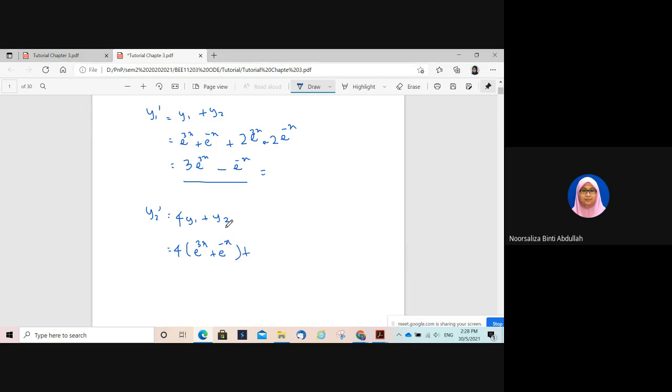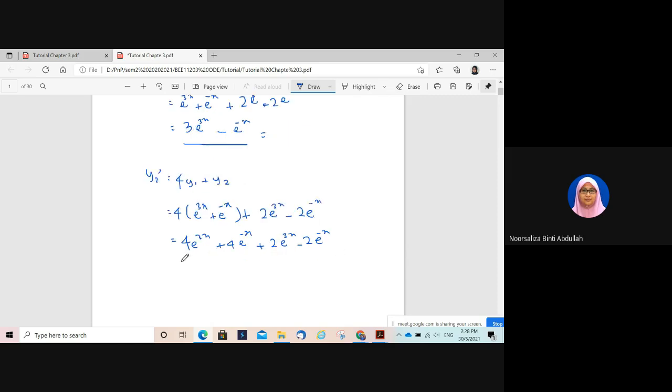Plus y2 is 2 exponent 3x minus 2 exponent minus x. Okay, so if you expand this one, you will get 4 exponent 3x plus 4 exponent minus x plus 2 exponent 3x minus 2 exponent minus x.